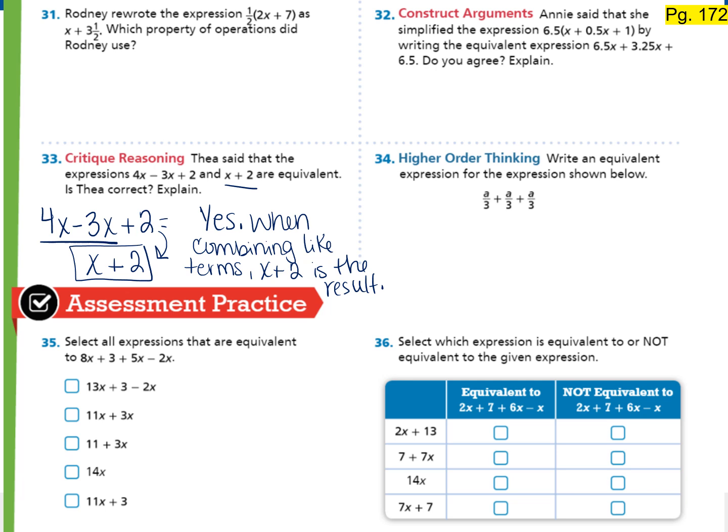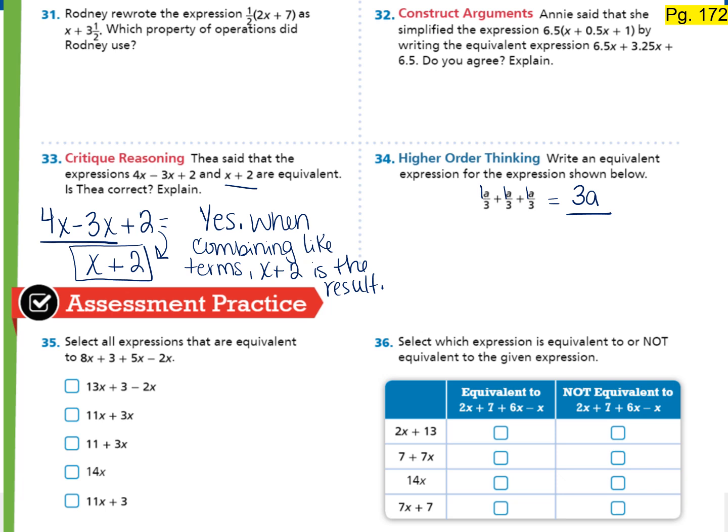Looking at number 34, can you combine these? Okay, let's think about it. So this is a little different. Remember, in front of your variable, you would have a 1. So let's think adding fractions with like denominators. This would be a 4th grade type problem. So 1 plus 1 plus 1 would make a 3, and they all had a's, so that's a 3a, over 3 plus 3 plus 3.